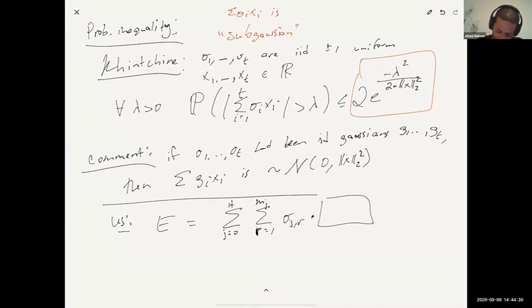The something was eta jr times 2 to the j minus 1, which is my xjr. So I exactly have the setup of Khinchin: a sum of independent plus-minus 1 random variables times other stuff.